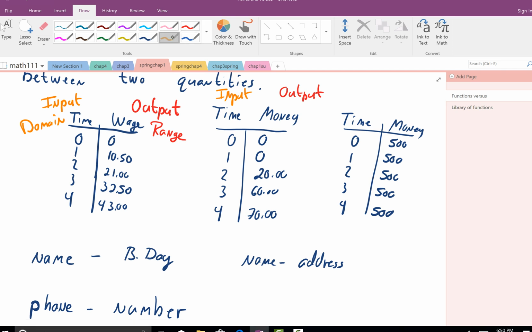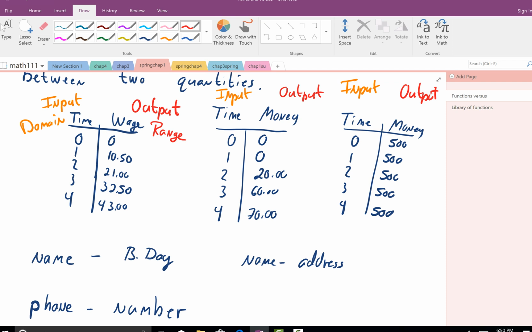All right, so let's do this guy. Now we have this one, input, output. So 0 goes to 500, 1 goes to 500, 2 goes to 500, 3 goes to 500, 4 goes to 500. Some people probably say, nah, that's not a function, doesn't work.